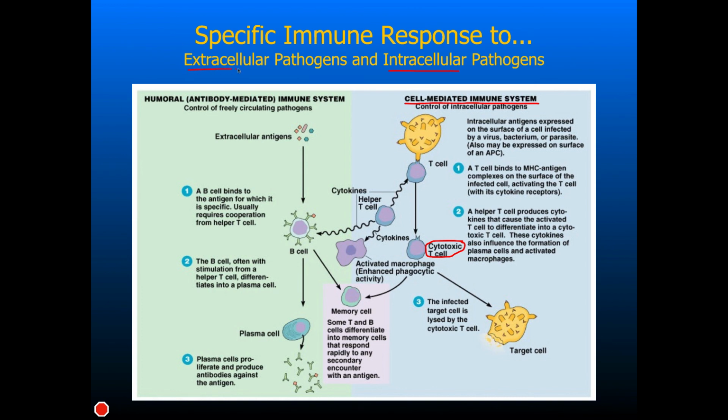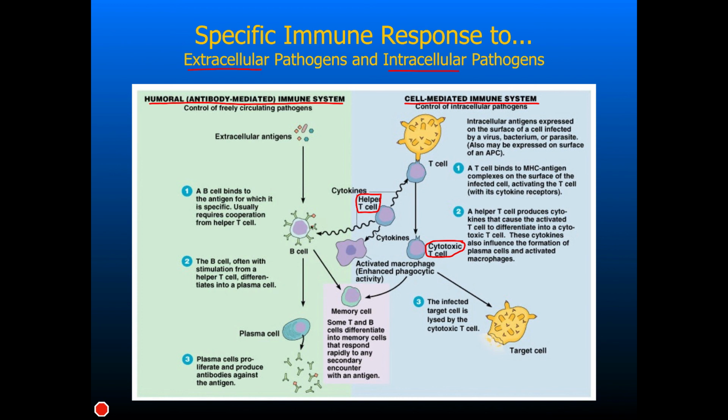When we talk about extracellular pathogens, well, we focus a little more on the humoral side, okay? We refer to B cells and the making of antibodies and all of that business, right? In the center of all this is where we're going to have our helper T cells, okay?